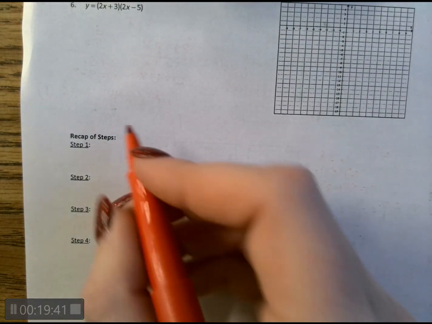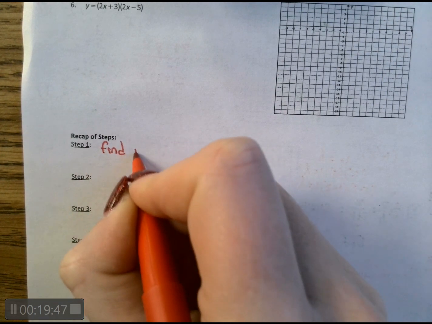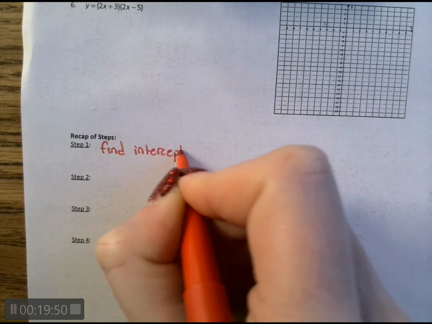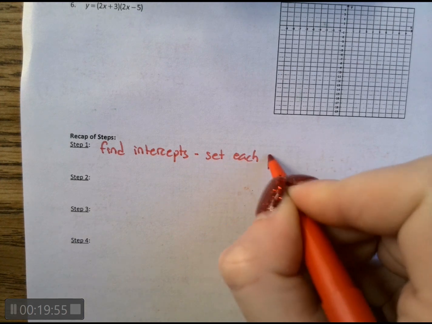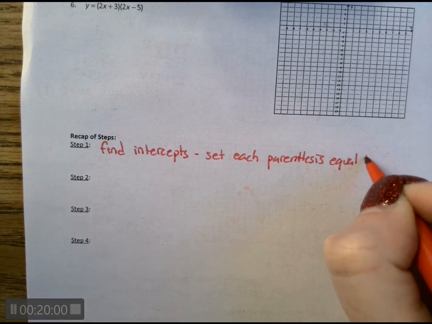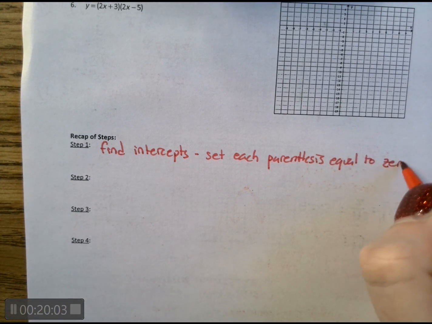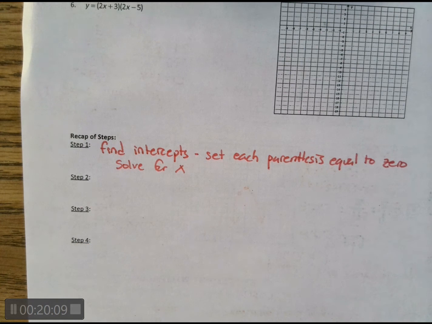So for step 1, we are going to find our x-intercepts, so we set each parentheses equal to 0, and we solve for x.